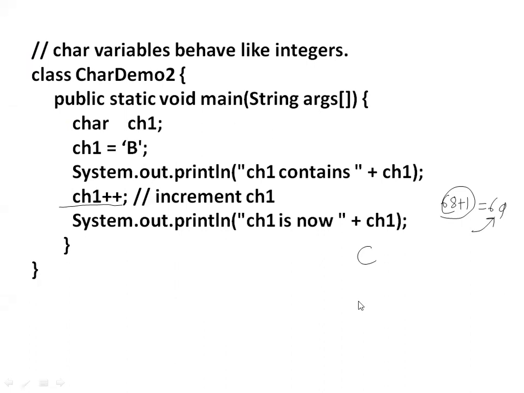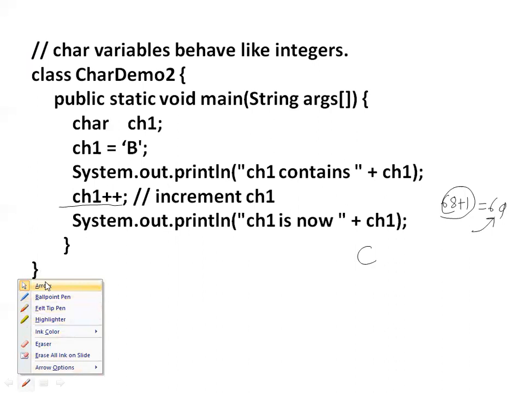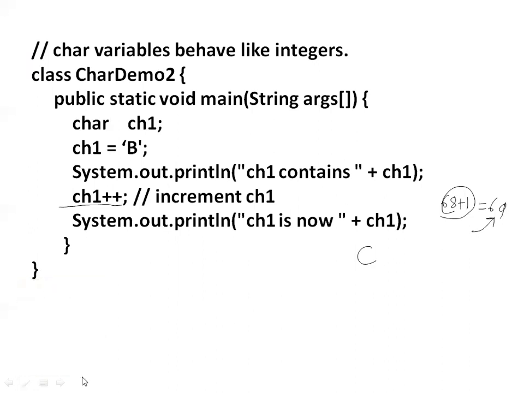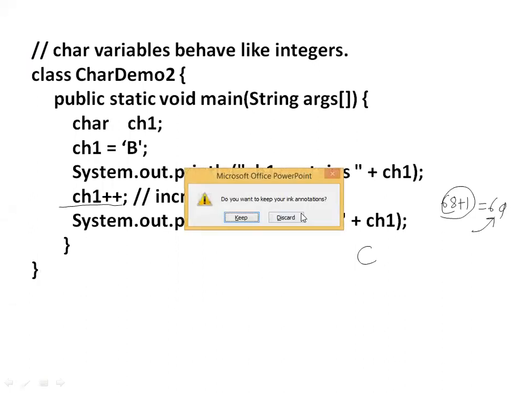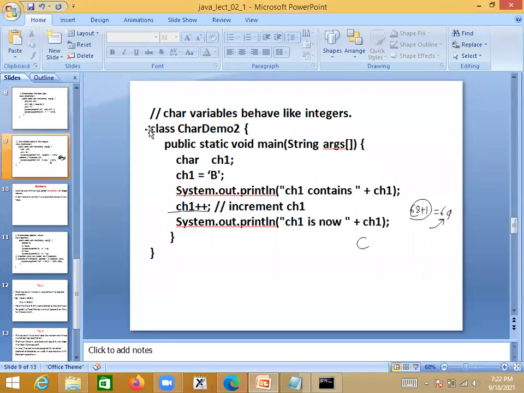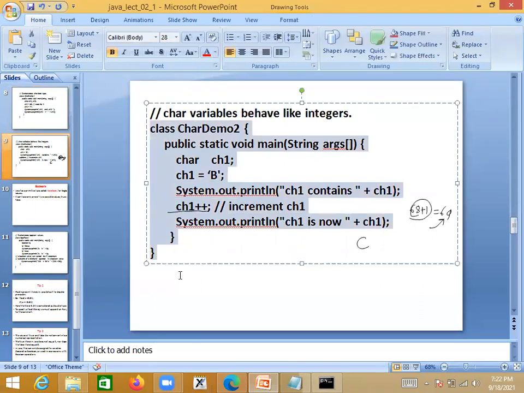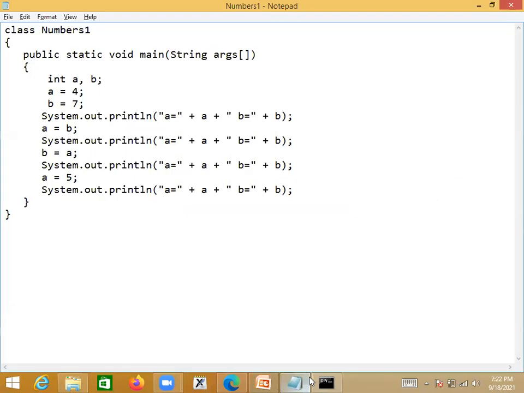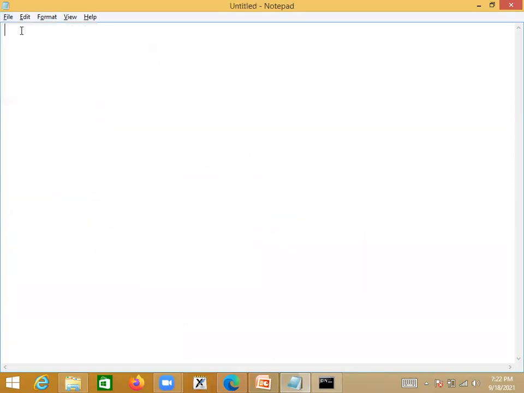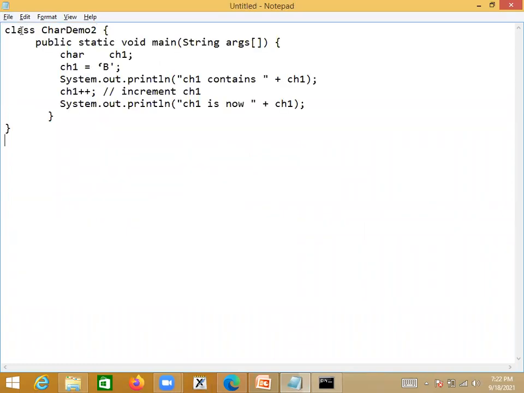So let us demonstrate this. Let us execute this code, and we can confirm the results. I'm quickly copying this code here. So let me open a new empty Notepad file. I'm copying this here.